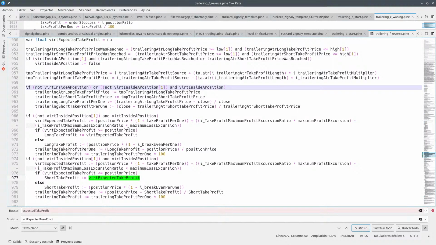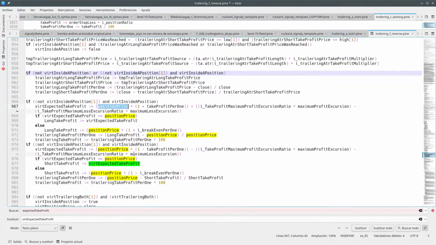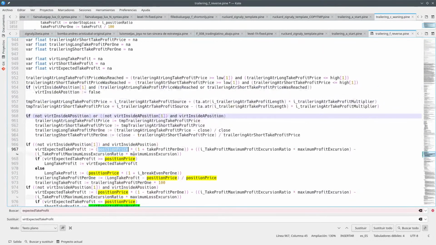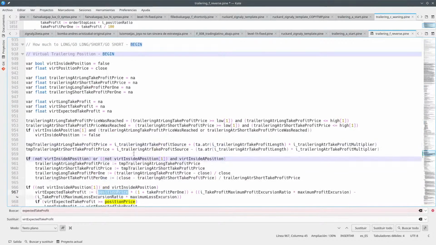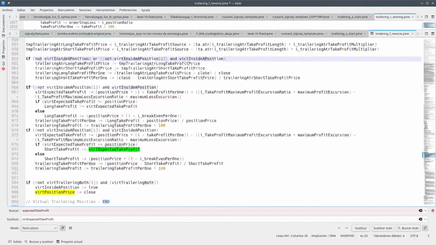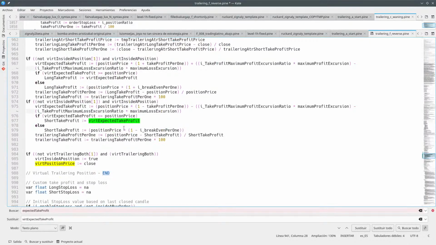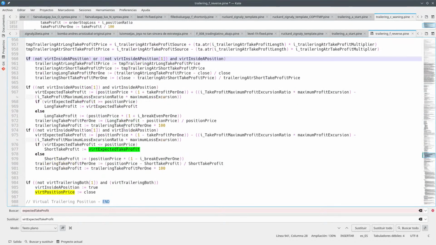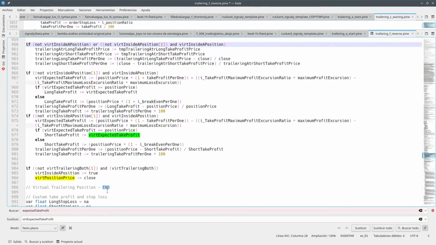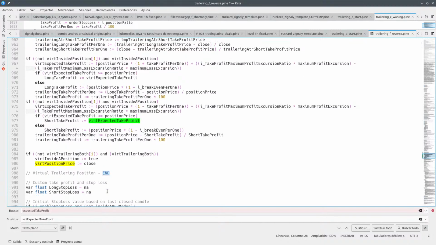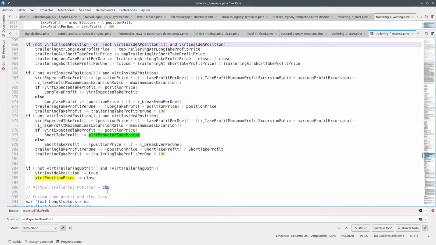Nice. Then position price is not a thing that we want to have. We want to have a virtual position price, which is here. And as you can see, the first time you get into a position, you are not going to have this position price, because why would you? That's a good question. Why would you have this?